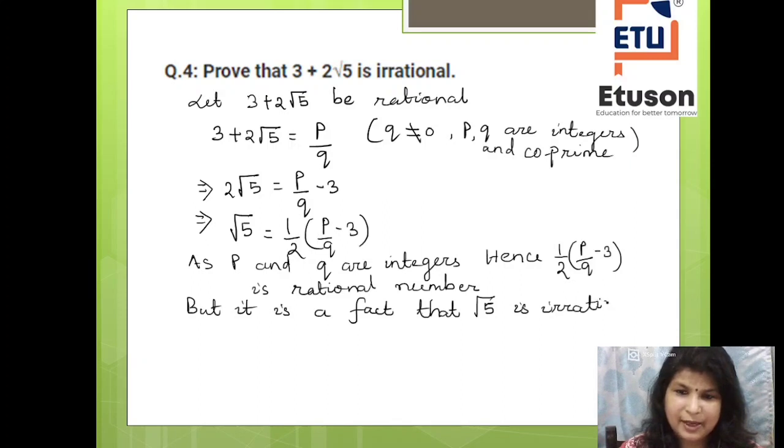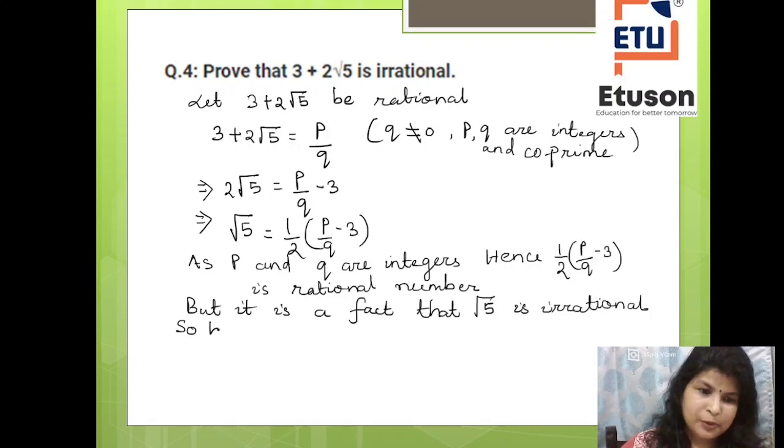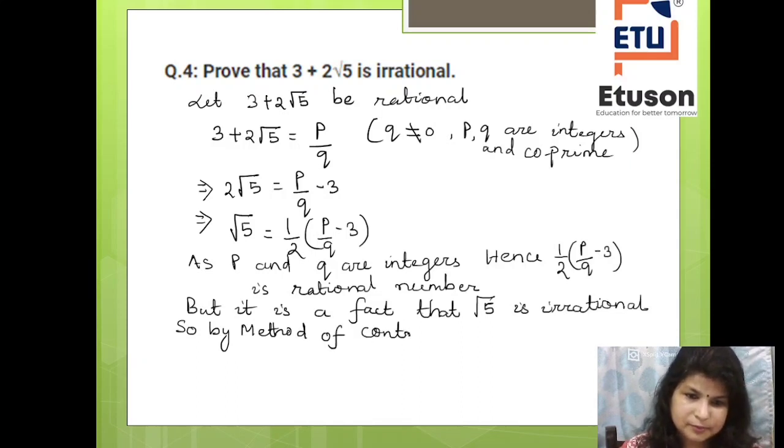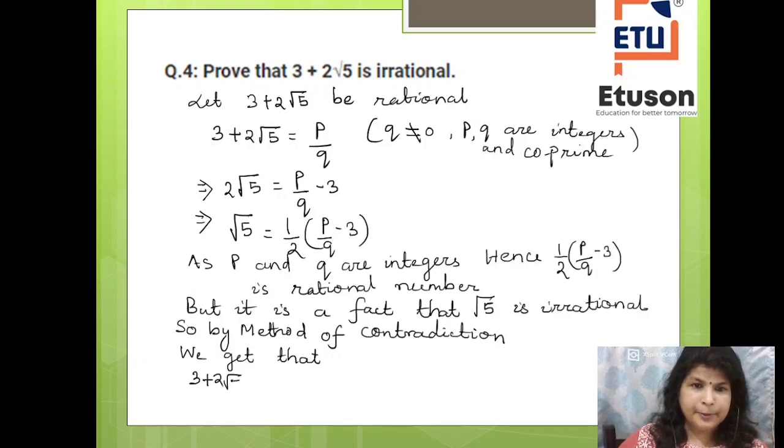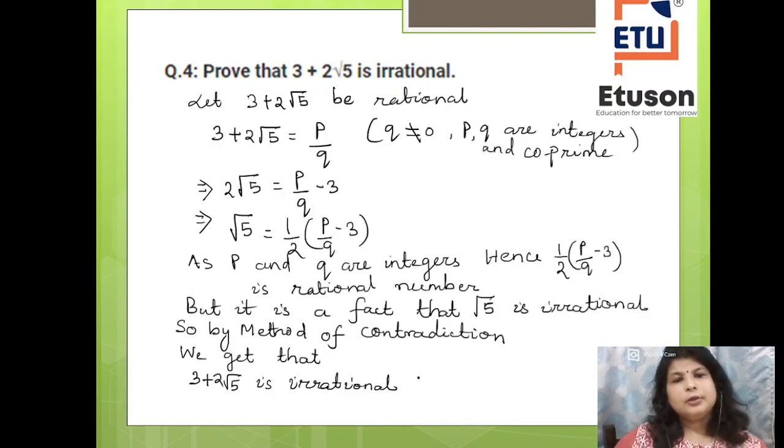So, by the method of contradiction, whatever you have assumed is now contradicted, and we get that 3 plus 2 root 5 is irrational. Okay children, so this is how you can prove.